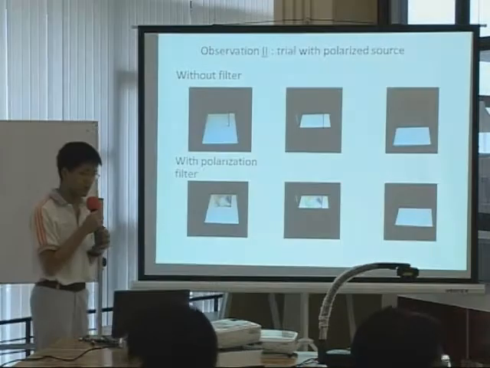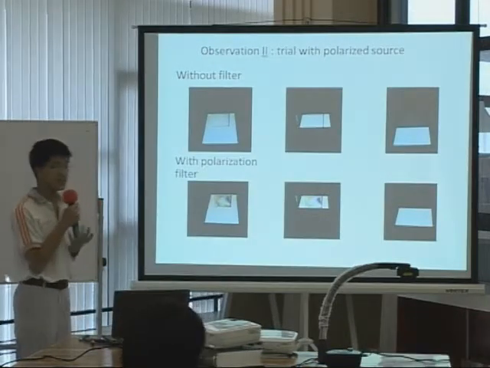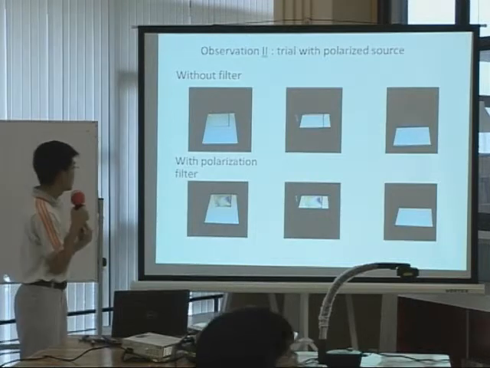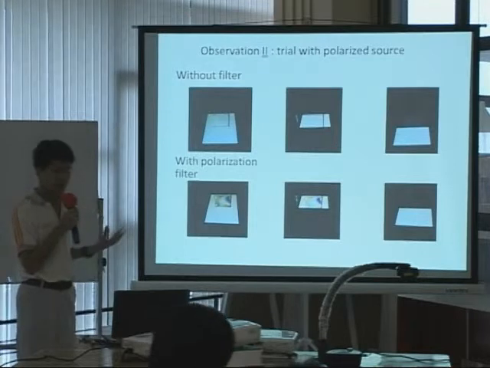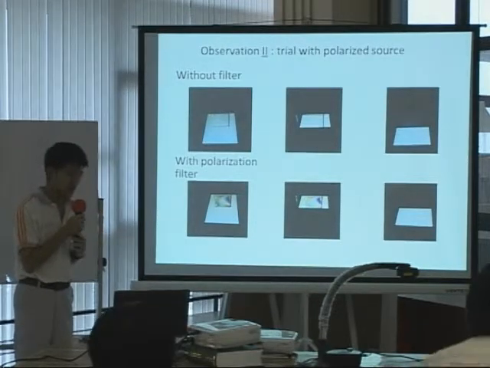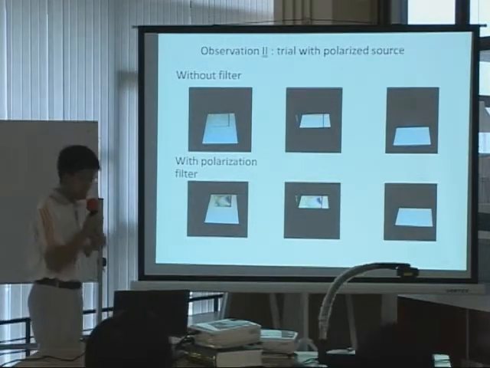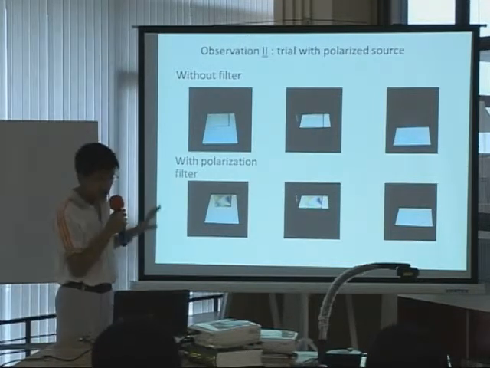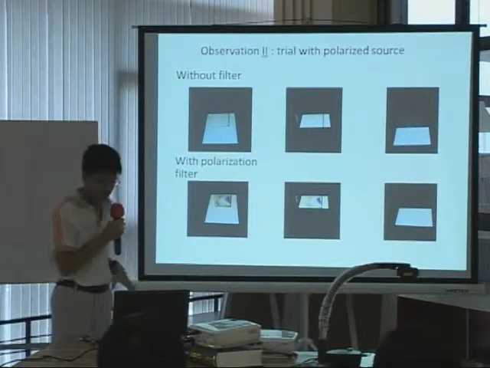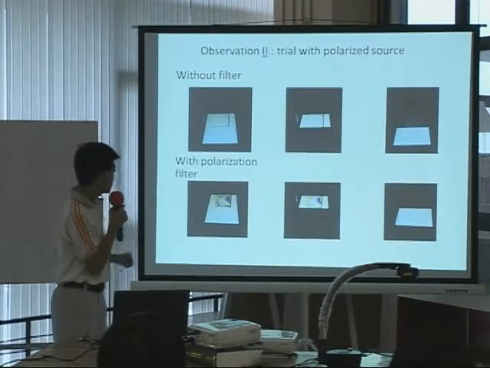Next, we'll use a polarized source, which is an LCD screen. On the top, we use the camera without a circular polarizer as a filter. You can see that there's a very faded light in the CD in the 3 pictures.